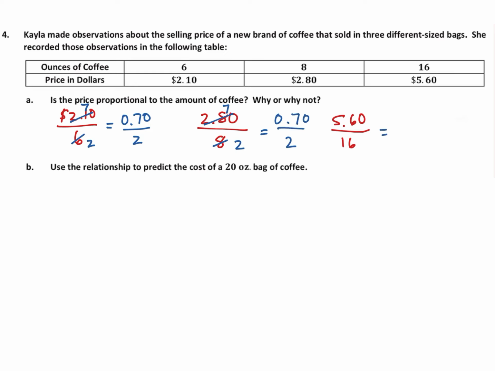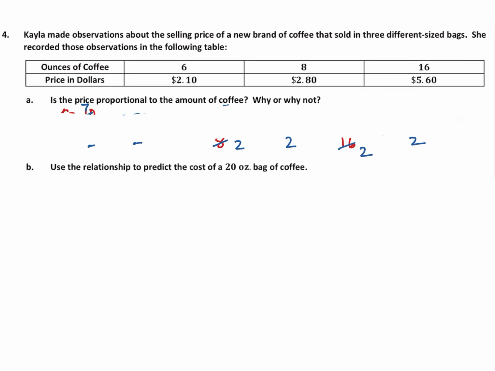For this one, 8 goes into 56 7 times, and 8 goes into 16 twice. So they all have the same fraction, and we could even break that down even further. If we wanted to split 70 cents into 2 equal parts, we would get 35 cents for each ounce.